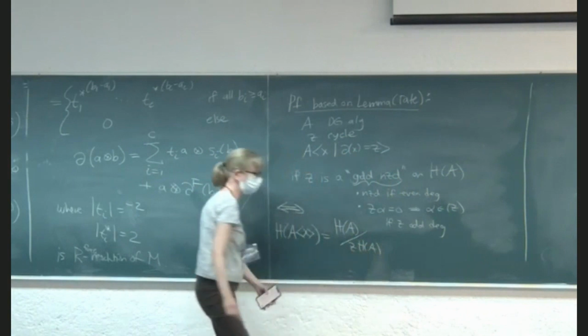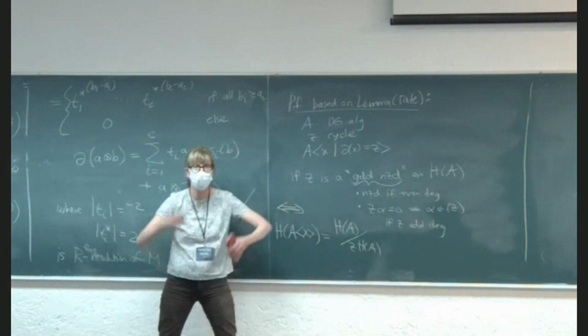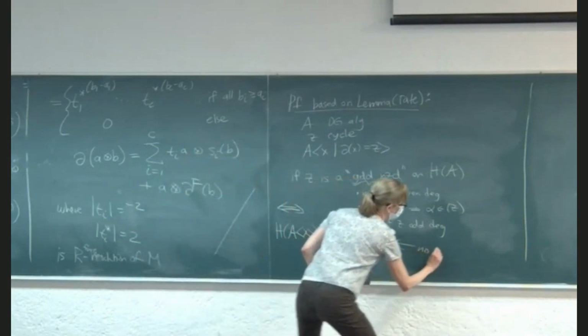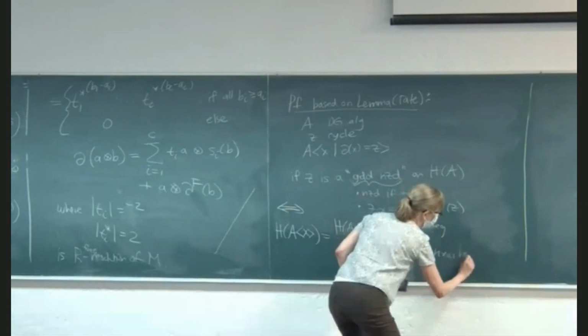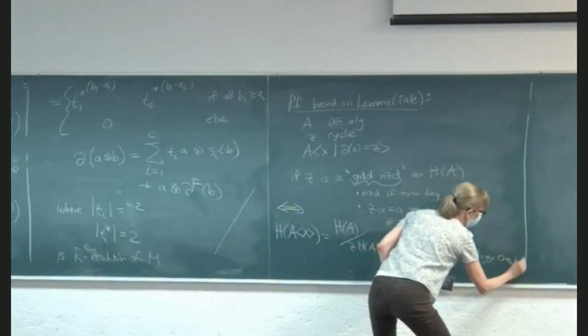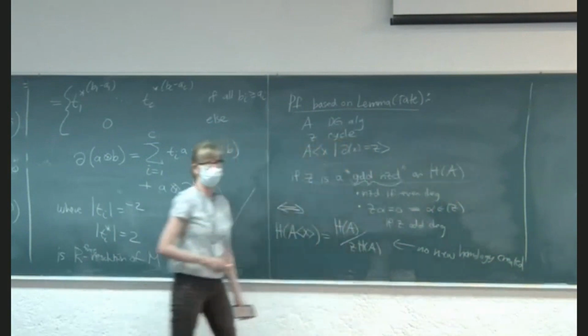So you killed what you wanted to, and you made it smaller. You did not create new homology. So no new homology created. Now, of course, you need this condition, but over a CI, that's kind of the key.